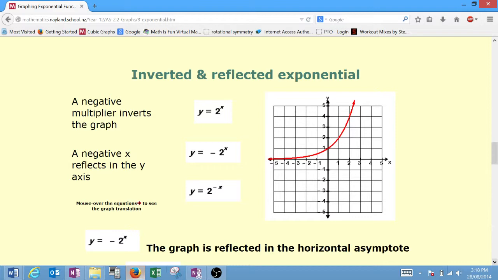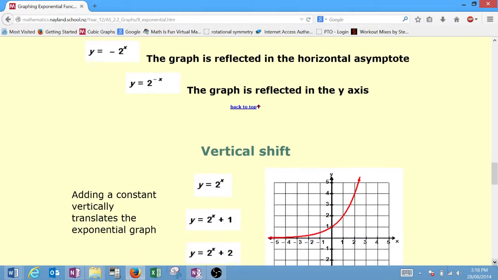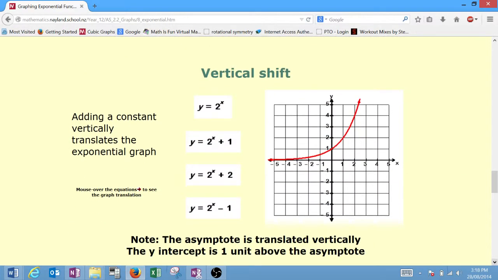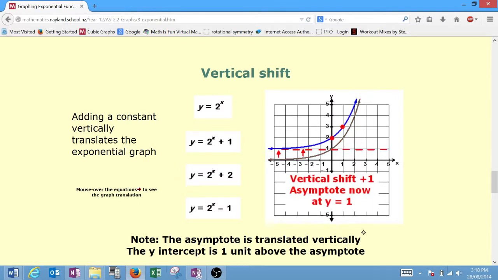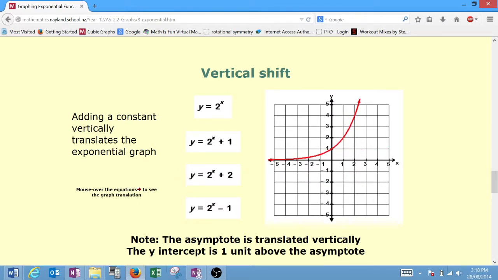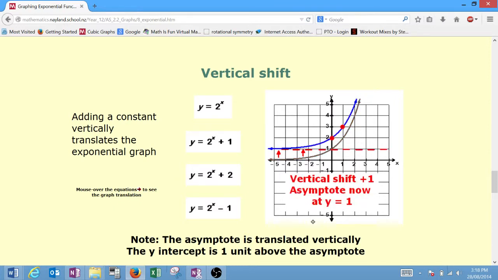Okay, moving on. If we add a number to the end of our power of x, what do you think is going to happen as we move through? It's the same rule as for quadratics and for cubics. If we go plus 1, it means the whole thing is moved up by 1.